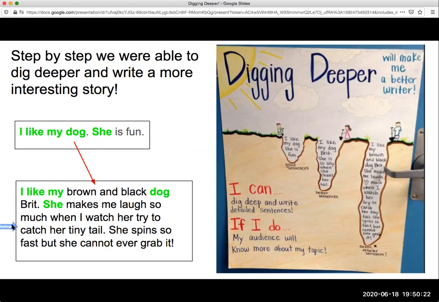But what's here, even though the word fun is not there, is the idea, the picture, and the feeling of fun. So good luck with your writing and rewriting and rewriting, editing again and again. And let's dig deeper and make our writing and our stories as interesting as possible.